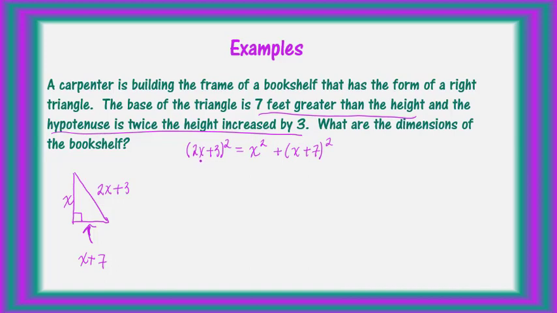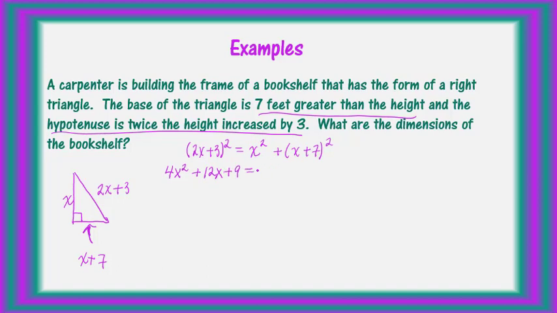Now you should remember, some teachers teach FOIL, but it's just multiplying two binomials. So the quantity of 2x plus 3 squared is simply 2x plus 3 times 2x plus 3, which gives us 4x squared plus 12x plus 9.